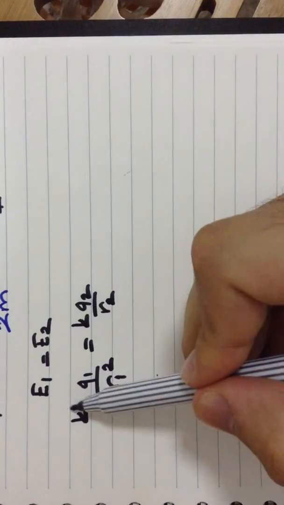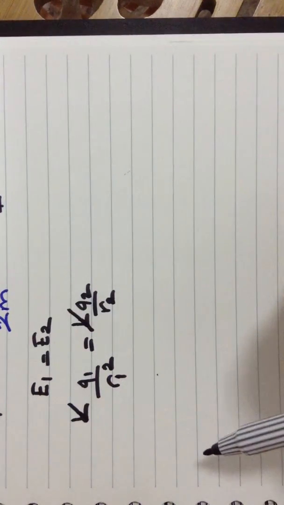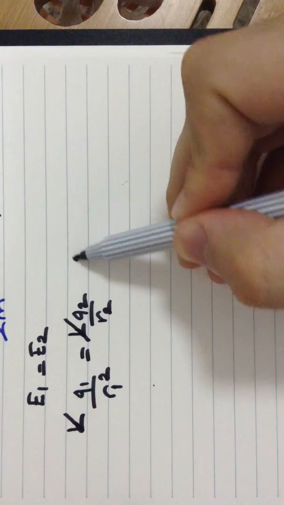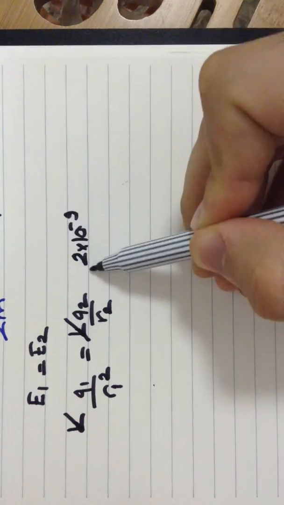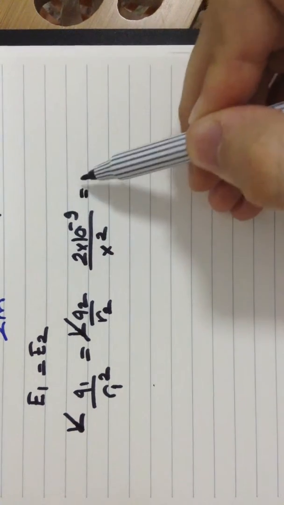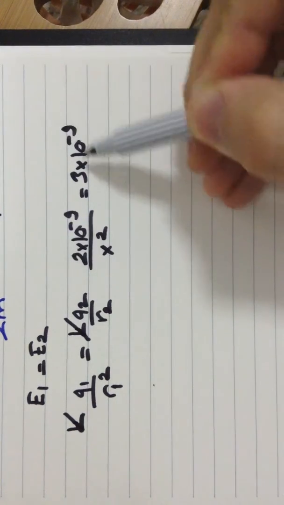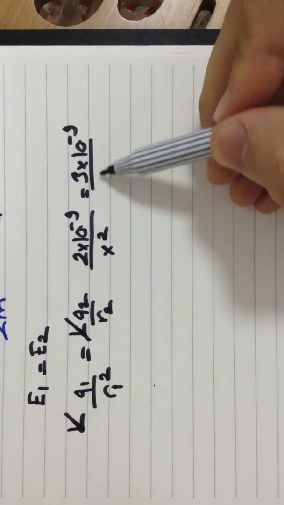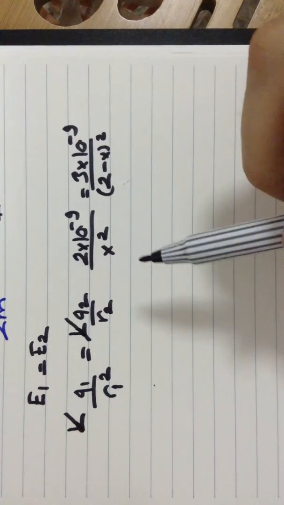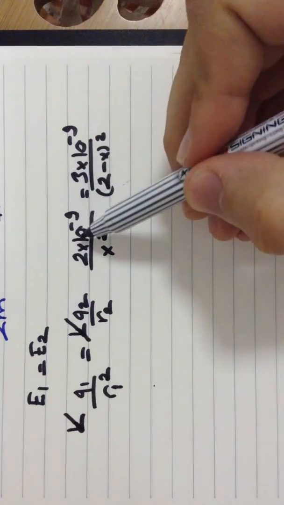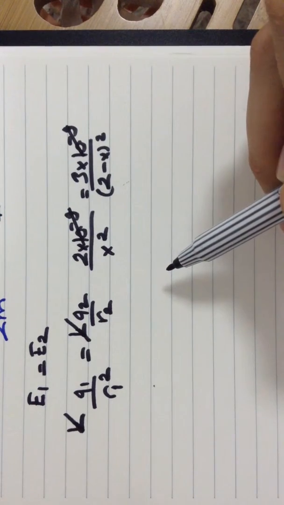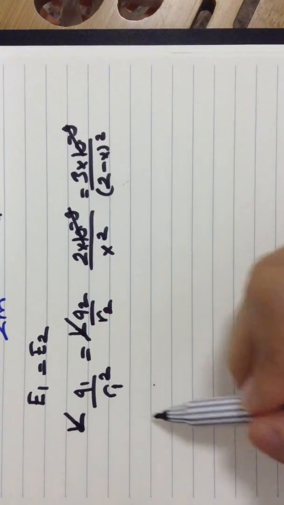From here I can cancel these two K values, and then I will put in the numbers of Q1 and R1: 2 times 10 to the minus 9 over R1, which is x squared, and then 3 times 10 to the minus 9 over R2, which is 2 minus x, and don't forget to put the square here like this. And after this point, as you see, 10 to the minus 9 and 10 to the power minus 9 can cancel each other as well. And then let me continue.